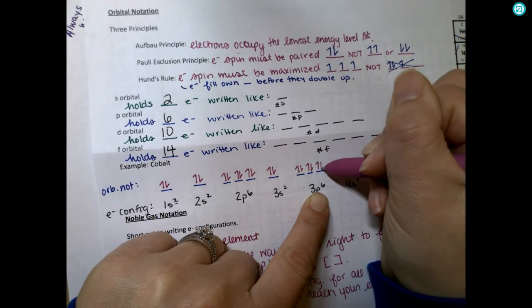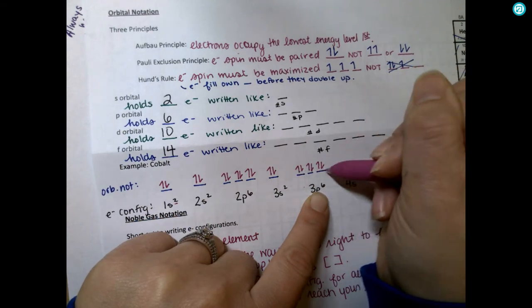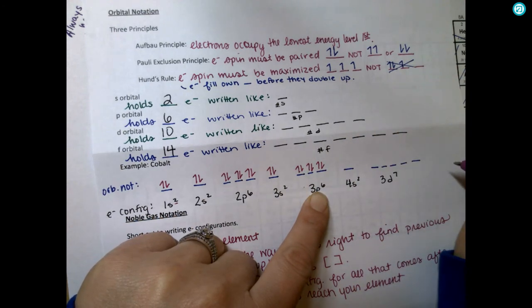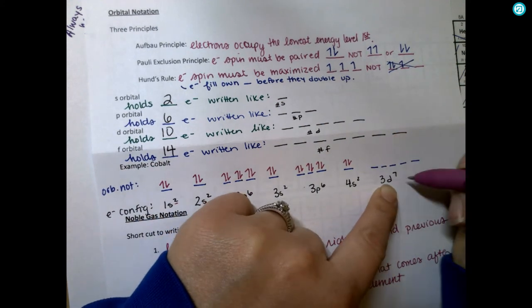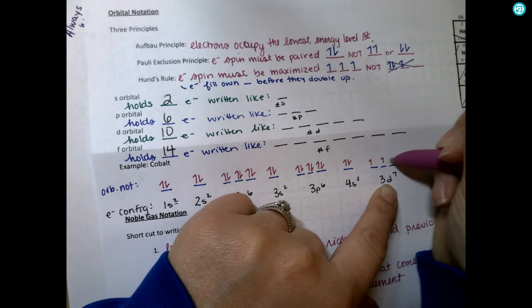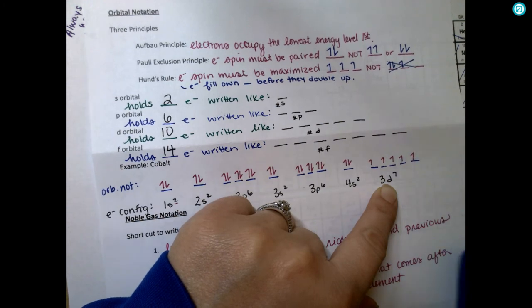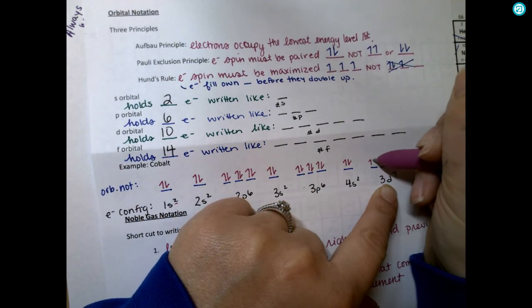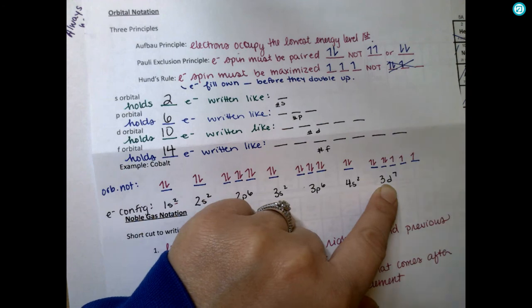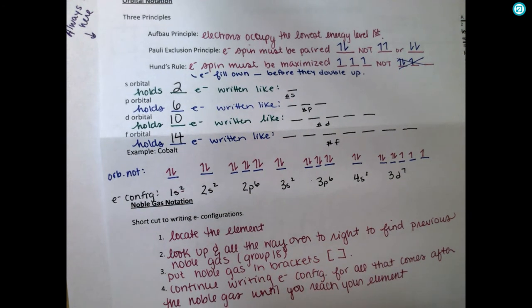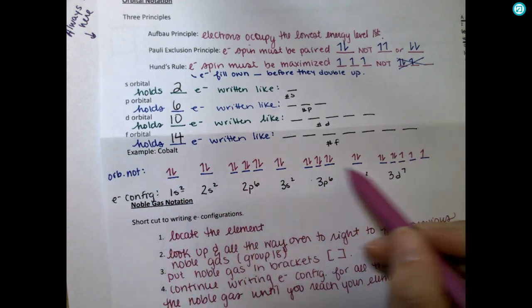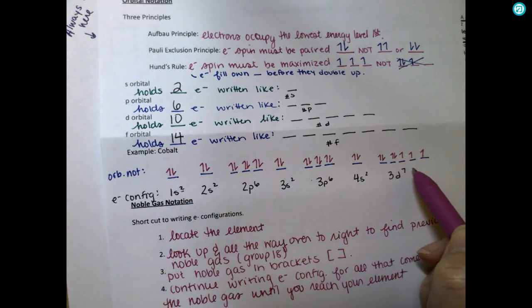It's good to get in the habit of going up all the way across and then back down, so that when you get to the end, you're already in practice of doing that. My 4s has 2. My 3d has 7: 1, 2, 3, 4, 5. Then we come back and pair up 6, 7. Yours should look exactly like mine. Up first, down second. So this is my orbital notation, which shows me exactly where all of my electrons are in the individual lobes of my different orbitals.